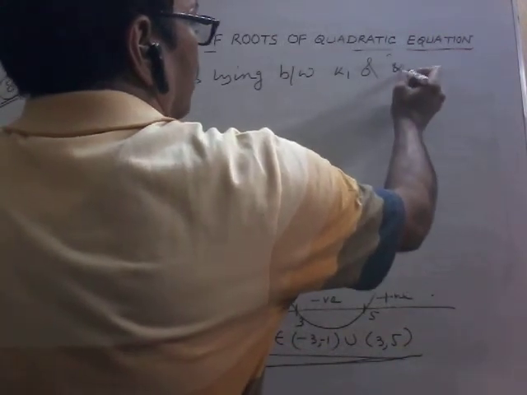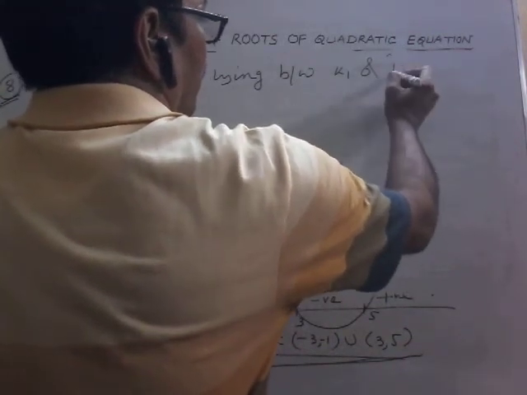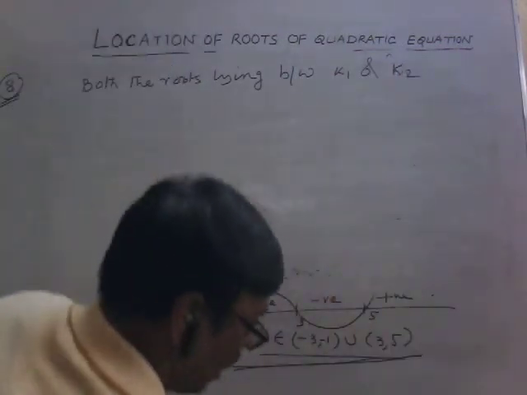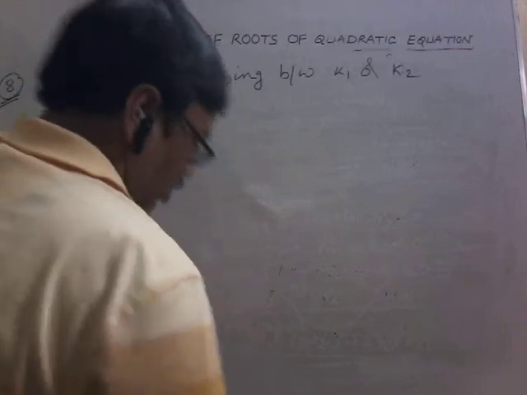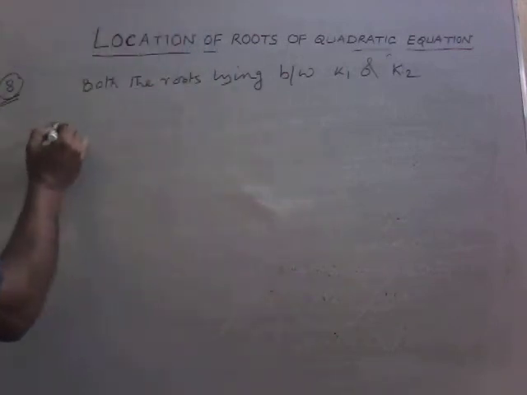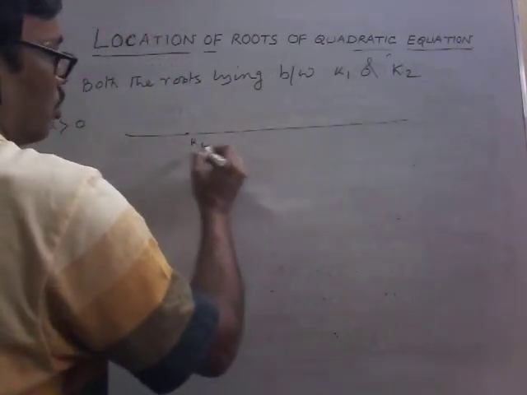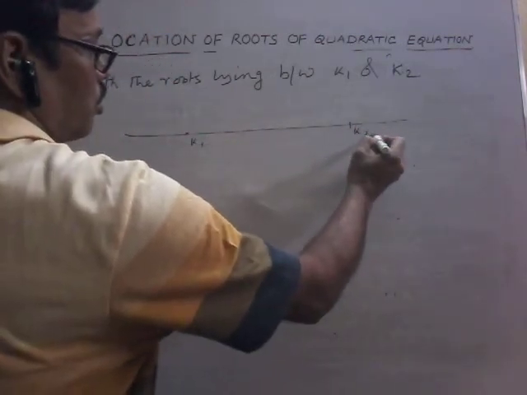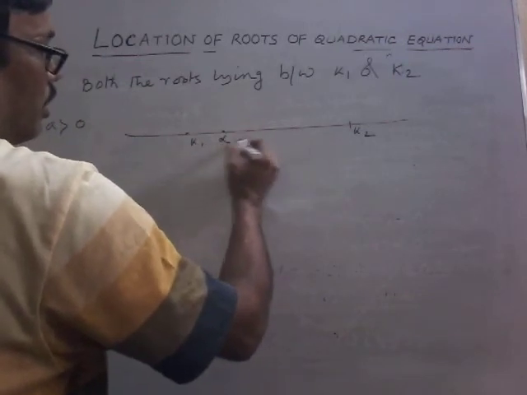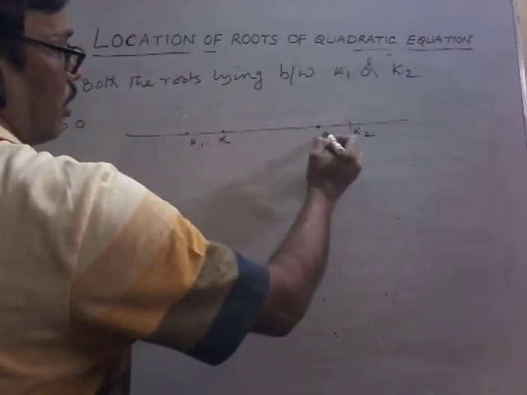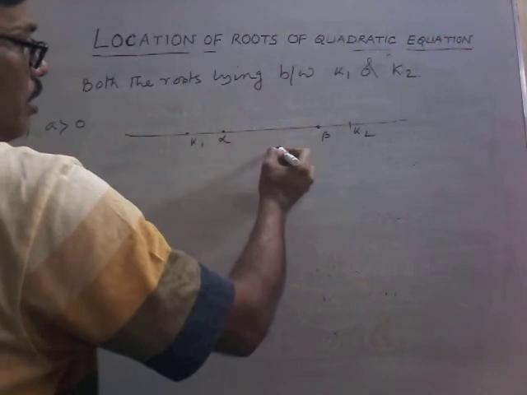So two cases are exactly the same. So look, K1 and K2. So both roots lying between K1 and K2.